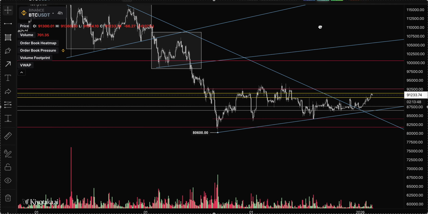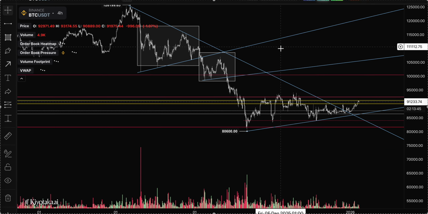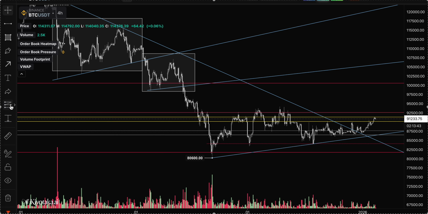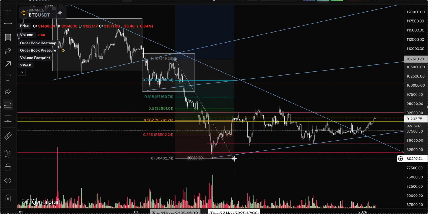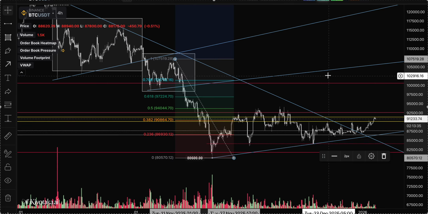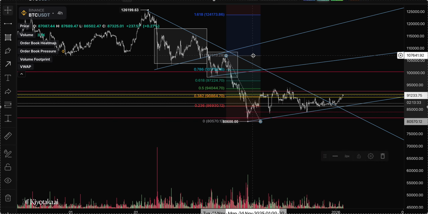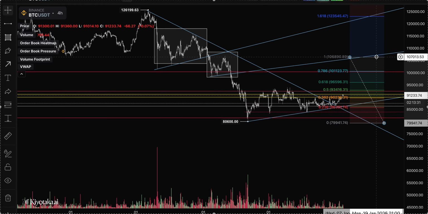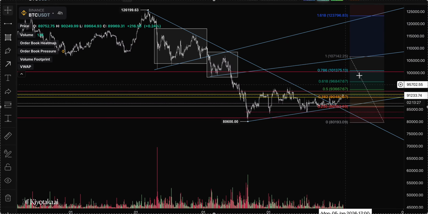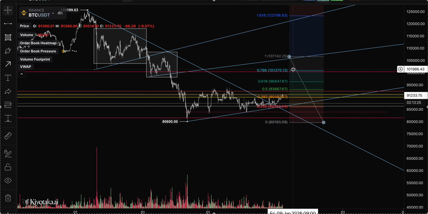Okay. So why my bias? For those who read the article, the last one on price action, you already know. I just try to add one more level of confluence here, and that would be a Fibonacci level that basically matches 100K.